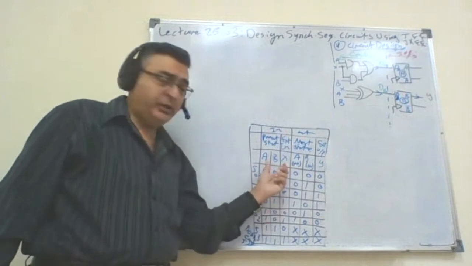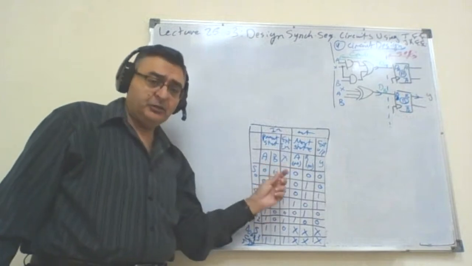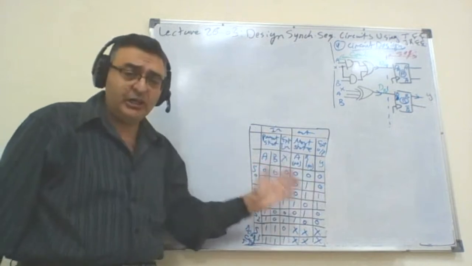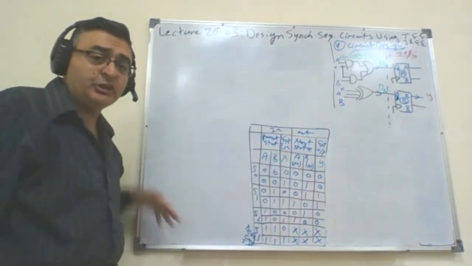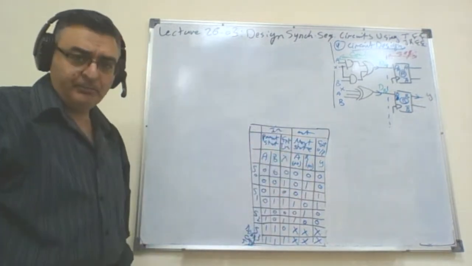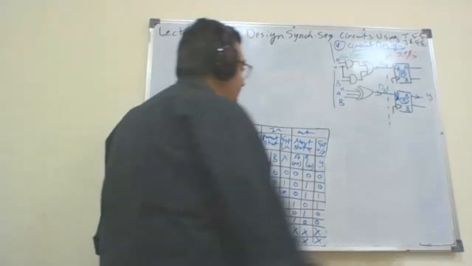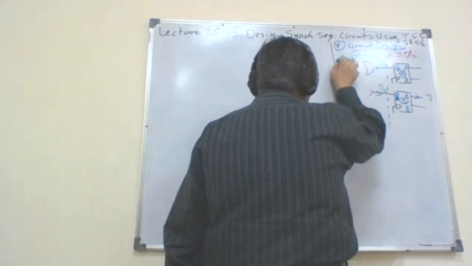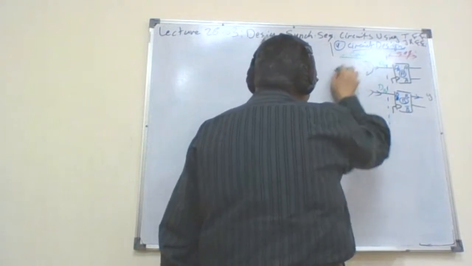The relationship between A and A of t plus 1, B and B of t plus 1 is the same because this is related to the state diagram, which is related to the problem to be solved. The difference is that now all the combinational circuit should be different.